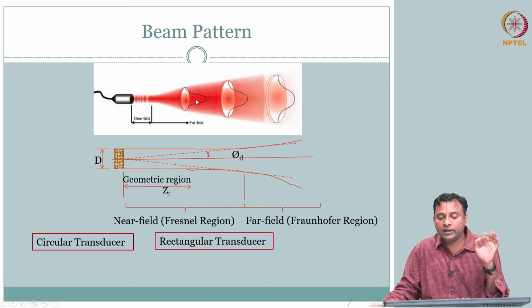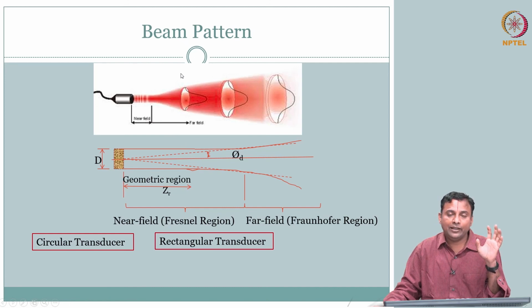It is more near the center. As you go away from the center, the intensity of the pressure is reducing, but it becomes a wider region. So the behavior of the beam is different whether it is close to the transducer, which is the near field, Fresnel region, or the Fraunhofer region, the far field.